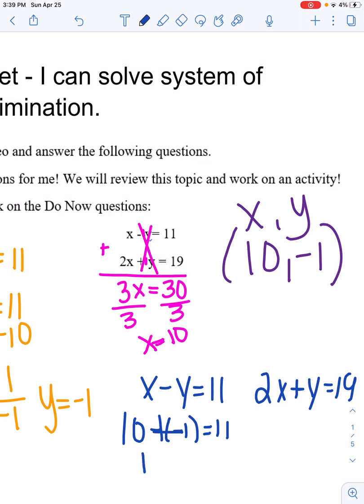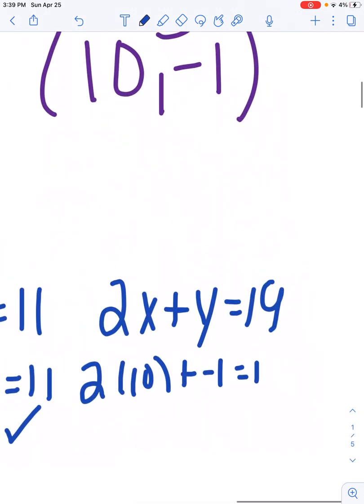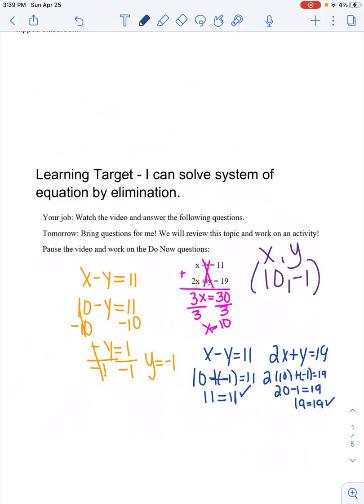That becomes positive. 11 equals 11. Check. 2 times 10 plus a negative 1 equals 19. This is 20 minus 1 equals 19. 19 equals 19. Check. So they both equal that number on the outside. Therefore, I know I did it correct.